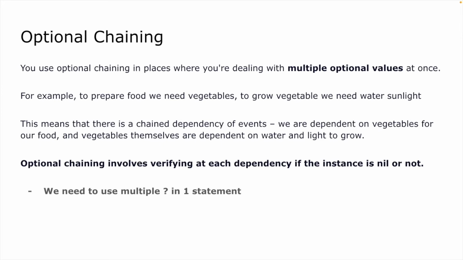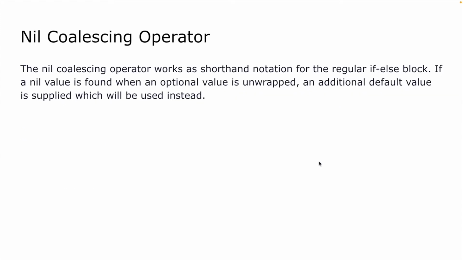This means there is a chain dependency of events. We are dependent on vegetables for food, and vegetables themselves are dependent on water and light to grow. So this chaining is involved, and to verify each dependency, whether the particular instance is nil or not, we use optional chaining, and it may include more than one question mark in a particular statement. So that is optional chaining.